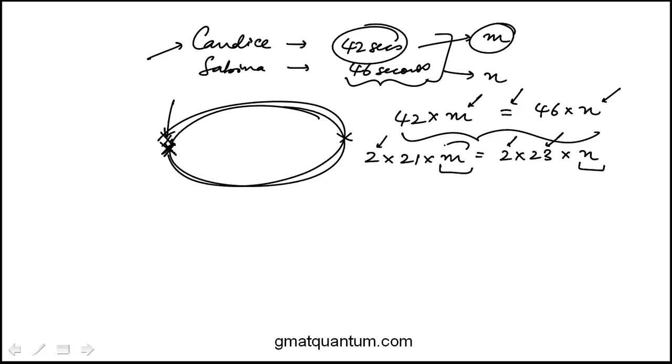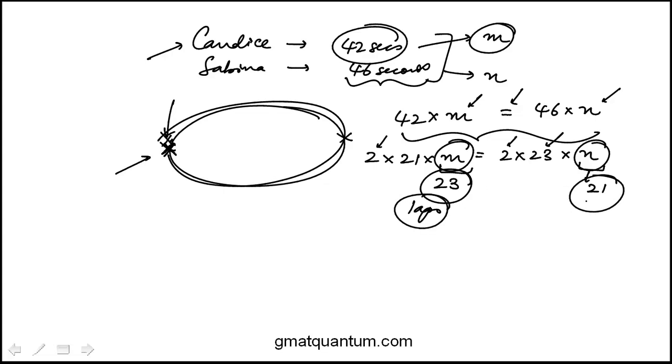So the least possible values of m and n would be if we just replace m with 23 and n with 21, which means that when they meet back at the starting point the first time, Candace has completed 23 laps. She's going faster, whereas Sabrina has completed 21 laps, and that means the answer is 23, which is choice B. So that's one way to do it.